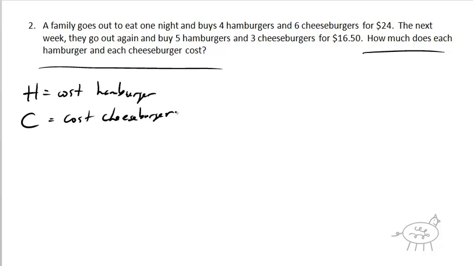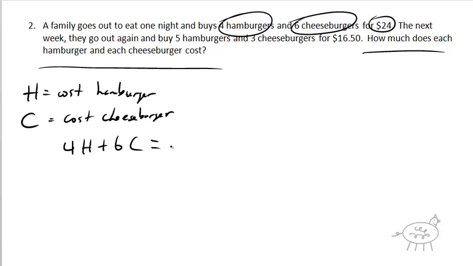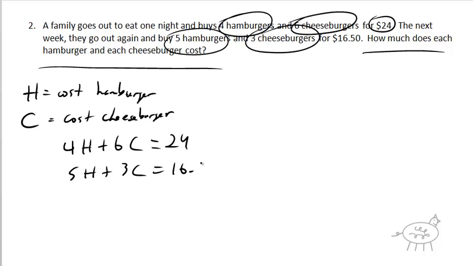All right. So anyway, they buy 4 hamburgers and 6 cheeseburgers for $24. So 4H plus 6C equals 24. And they go out again and they buy 5 hamburgers and 3 cheeseburgers, so 5H plus 3C equals 16.50.